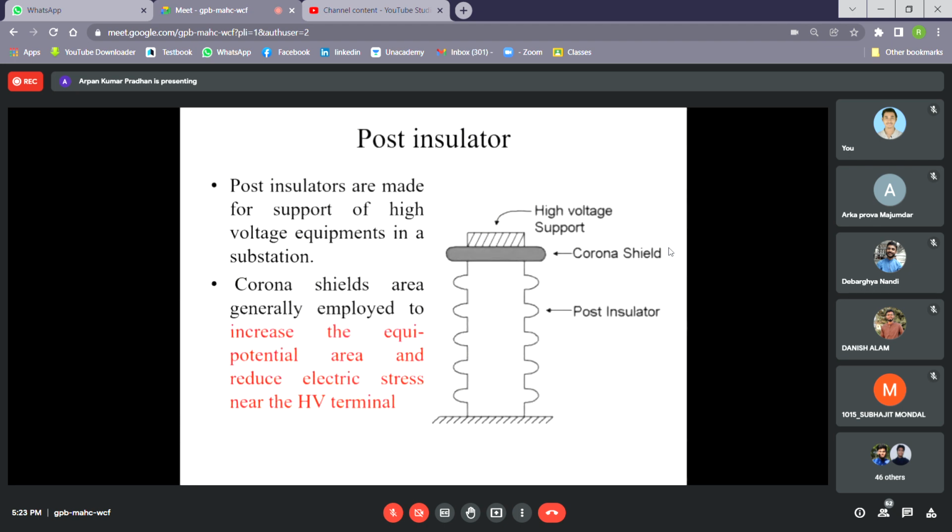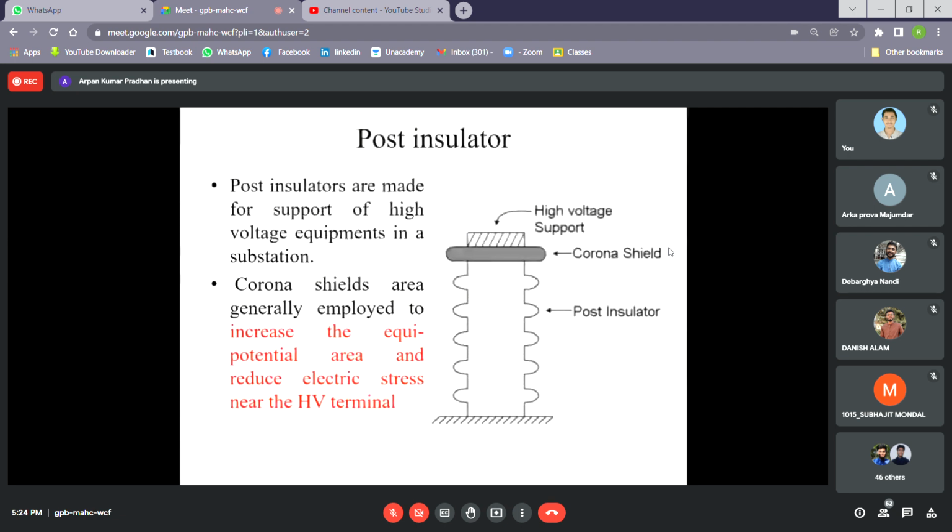So in order to avoid that, we generally use different types of shield so that the potential gets distributed and the electric field intensity value becomes lower.